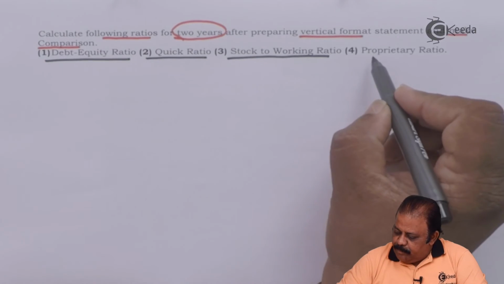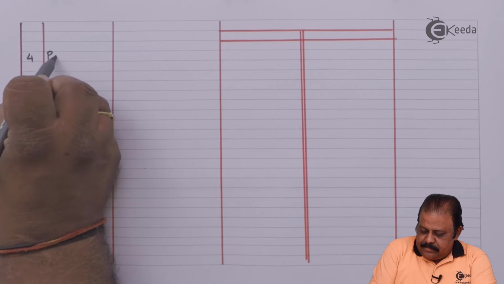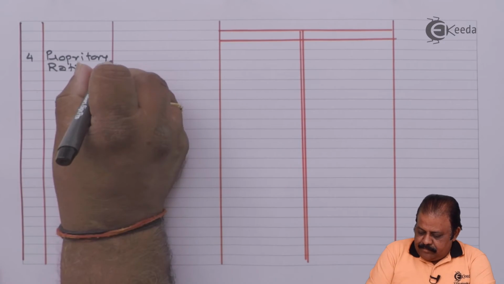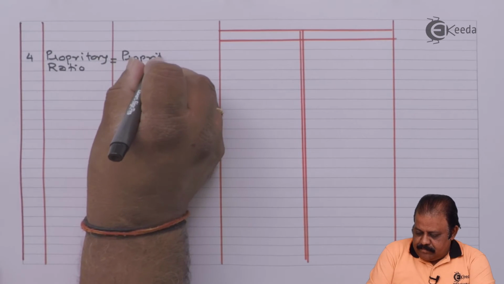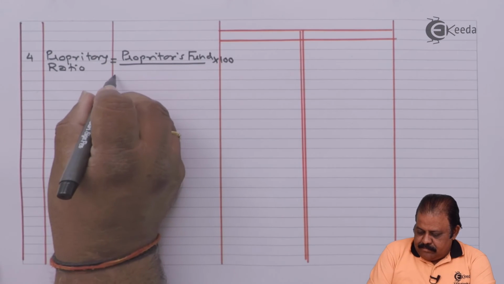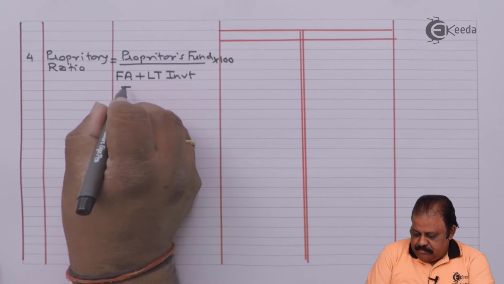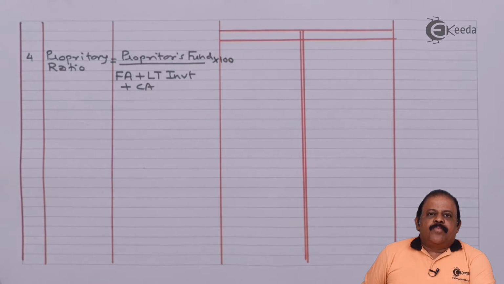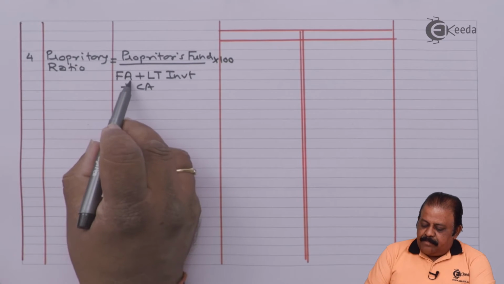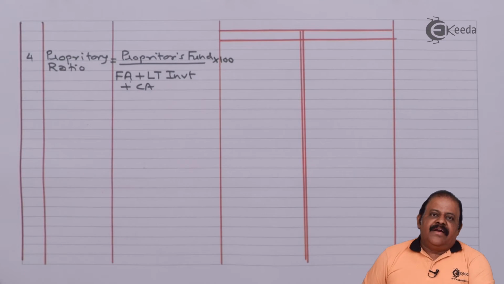Next we have proprietary ratio. Formula for proprietary ratio is proprietor's fund divided by fixed asset plus long-term investment plus current asset multiplied by 100.